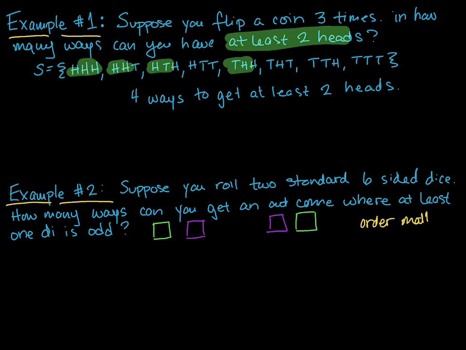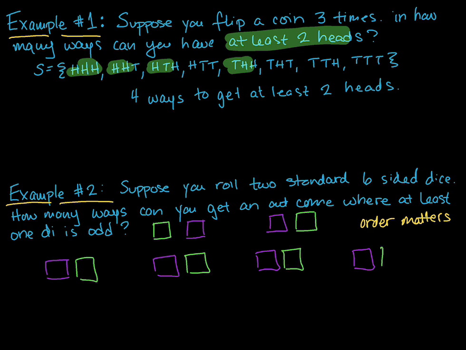Order matters here. So there are 4 cases for this, and I'm going to draw the 2 dice for the 4 cases. The first case would be both are even. The next case would be that this one's even and that one's odd.